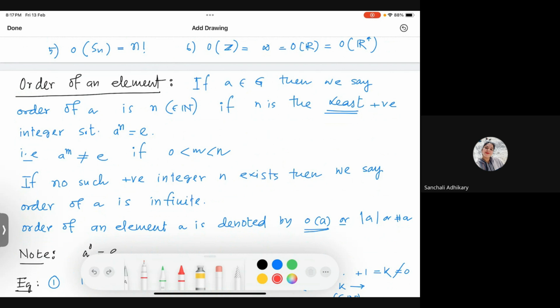If there exists n, the least positive integer such that a to the power n is the identity, then n is called the order of a. And a to the power n means a into a into a, n times.